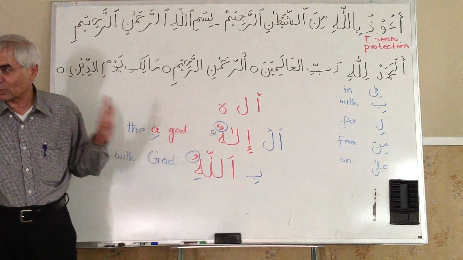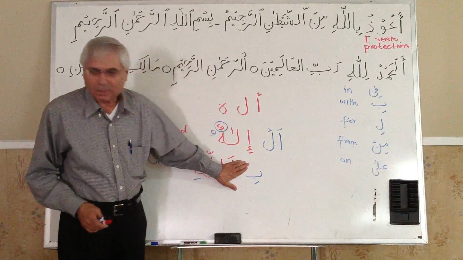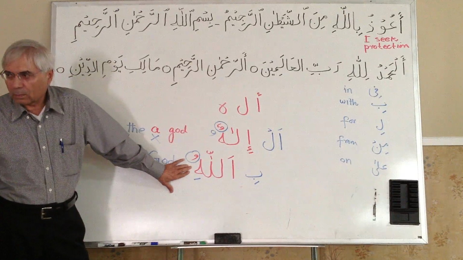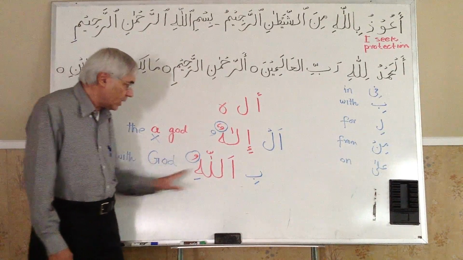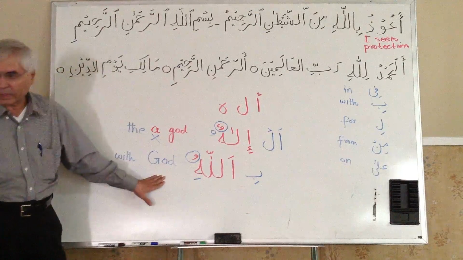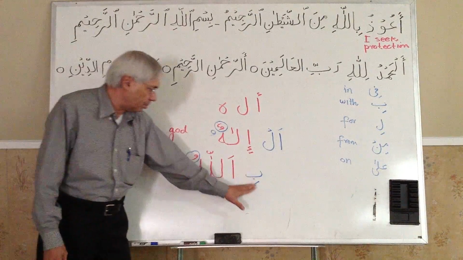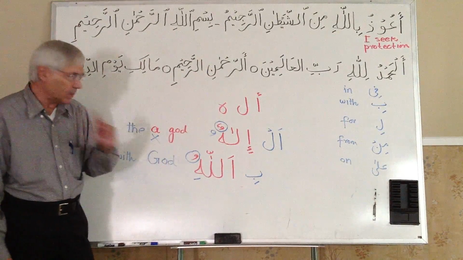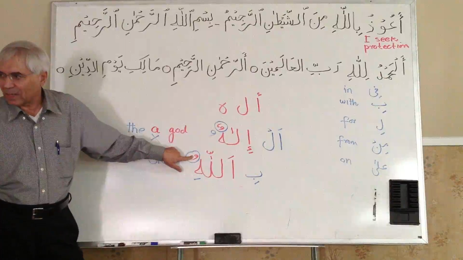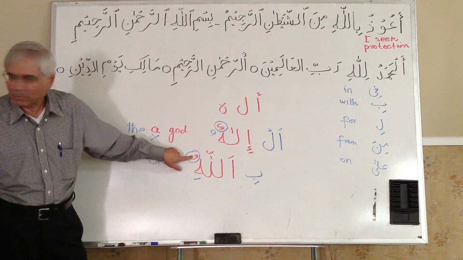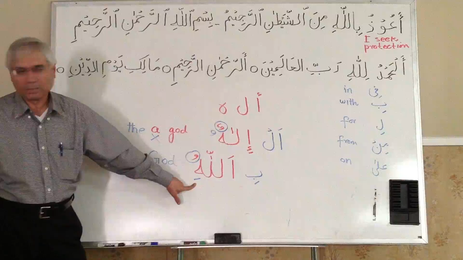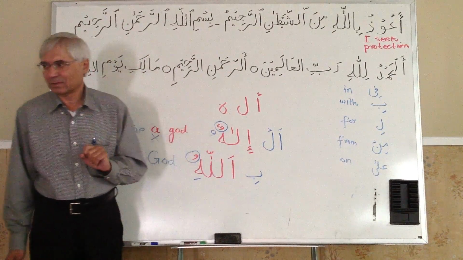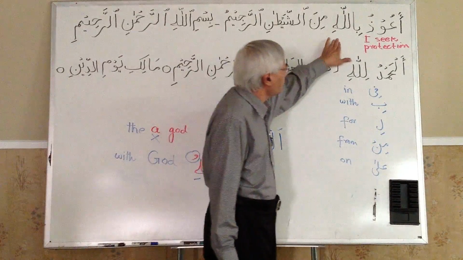If you are speaking two separate words, you will say this is Bi, Bi means with. This is Allahu, God. But as soon as you combine these two words together, and this is with God, then this Bi will make a change in this word. And the change will always be this way. It will look for the last letter. If it is a dhamma, it will change into a kasra. So the pronunciation will become Billahi.